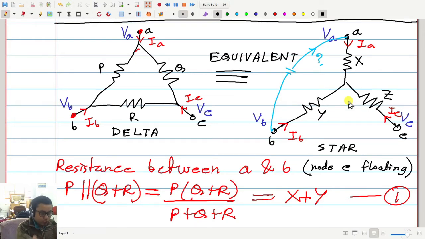However, to derive the relation between X, Y, Z and P, Q, R, we have not used that most general situation of equivalence. We have used very specific situations when only A and B are connected to a voltage source and the third one is kept open, and so on.